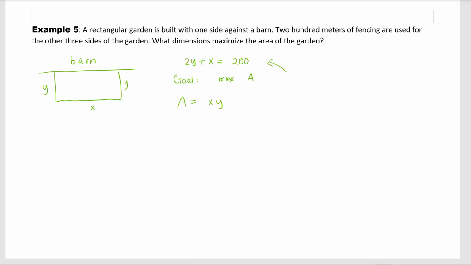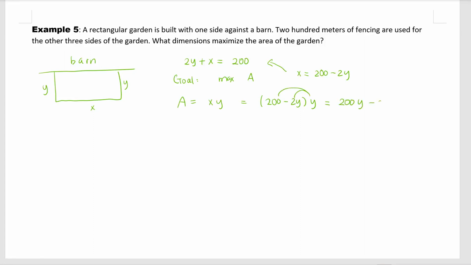So use some information to eliminate one of the variables. Okay, so from here, maybe using x is easier. So it's 200 minus 2y. That is x. So we're ready to plug it in. We get 200 minus 2y times y. So that is our A. But because in the next step we're going to take the derivative, we don't want to do the product rule here, so let's distribute it.